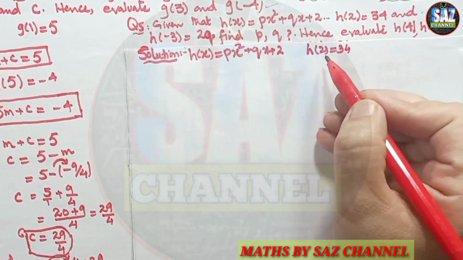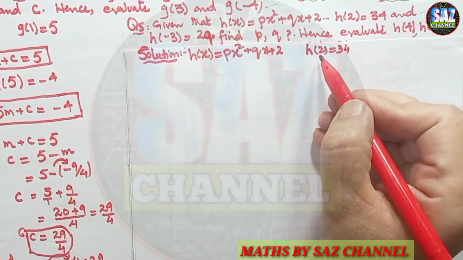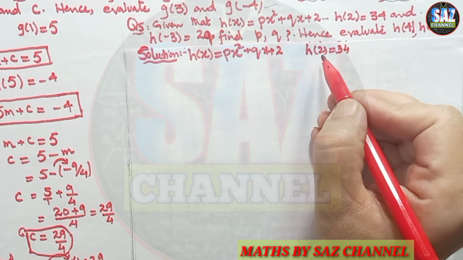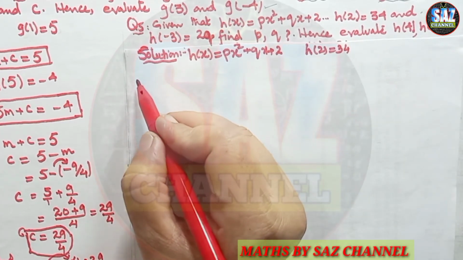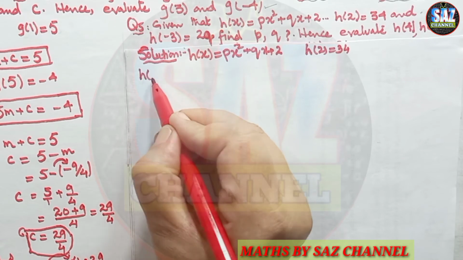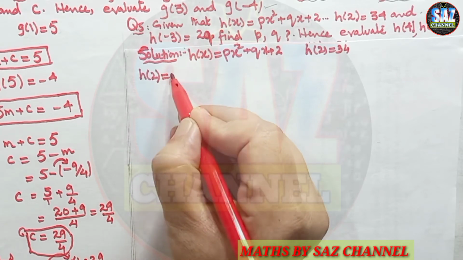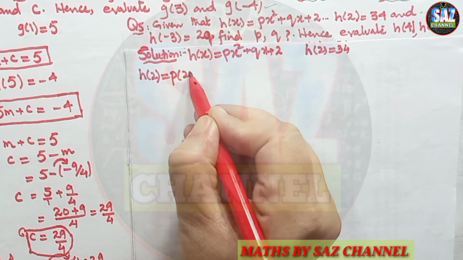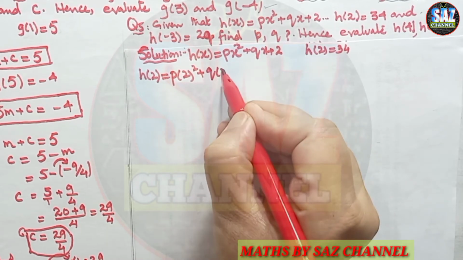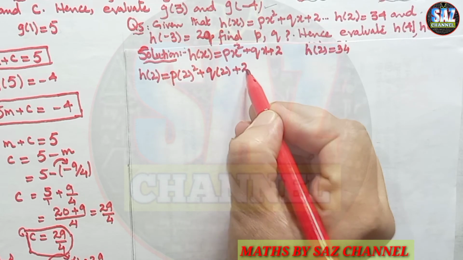Now what I have to do, instead of the variable, I have to replace 2. Input for this condition is 2, so the function will take the form h of 2 equals p into 2 square plus q into 2 plus 2.